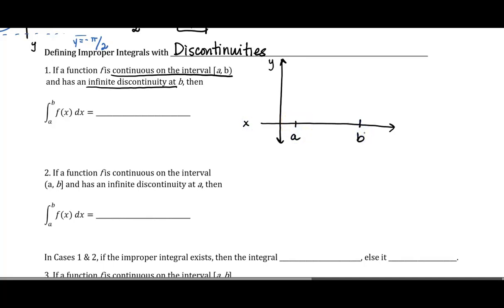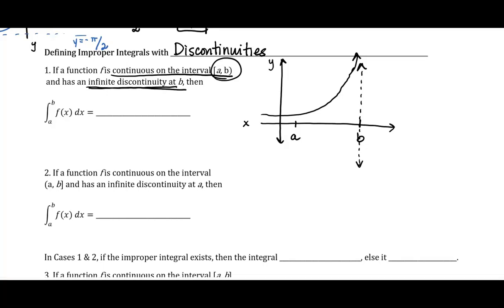If the function has an infinite discontinuity at B, I'm going to go ahead and put in a vertical asymptote at B. That's an infinite discontinuity. So the graph may look something like that, where it's shooting up to that vertical asymptote. So it's not continuous at B, but it is continuous from A to B excluding B. So if I were trying to evaluate this integral, that integral is this area.